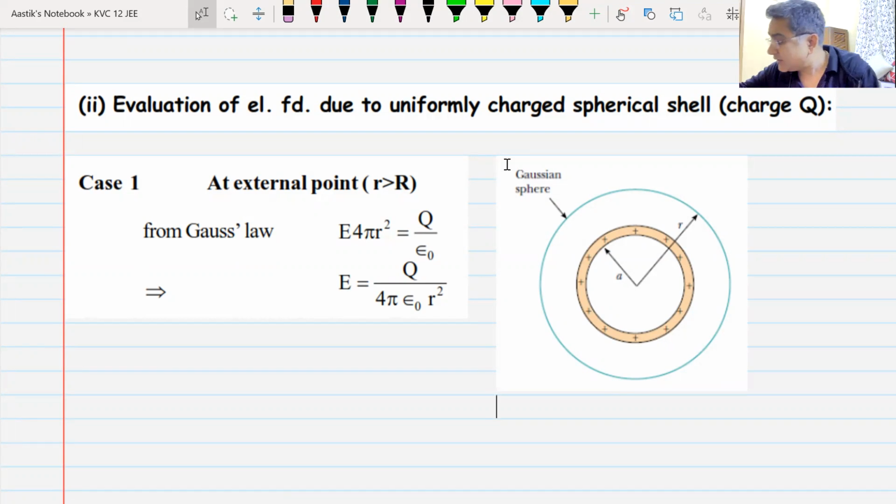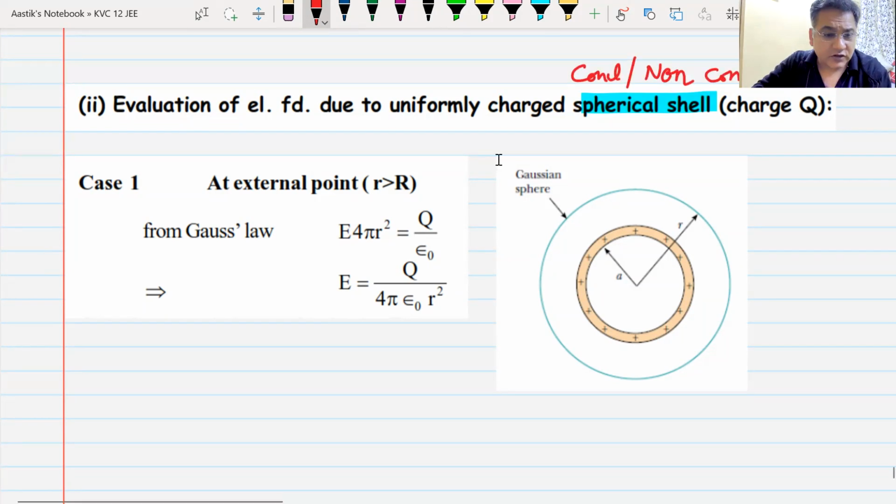Sir, this is for a spherical shell. A spherical shell means it only has a charge on the outer surface. It does not have any charge on the inner surface, on the inner side. Inside, there is no charge. So this shell could be conducting or non-conducting. Do we understand this? For outside points, when you create the Gaussian surface, you will enclose the entire charge, yes or no?